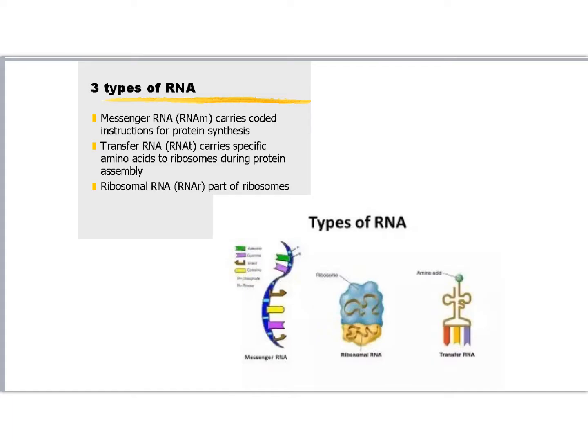So there are 3 types of RNA. First one we talked about is called messenger RNA. The second one is ribosomal RNA, and the last one is transfer RNA. Messenger RNA is going to be carrying coded instructions for protein synthesis, carries them right from the DNA molecule. Transfer RNA, or tRNA, carries specific amino acids to the ribosomes during protein assembly.